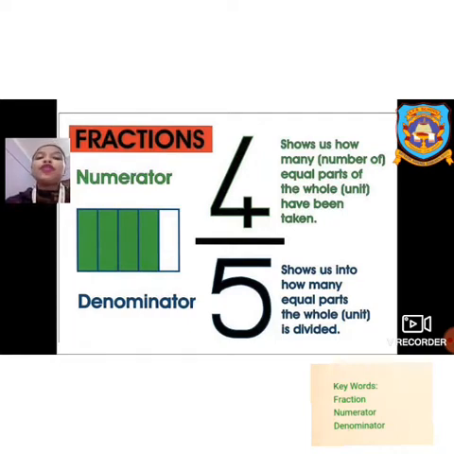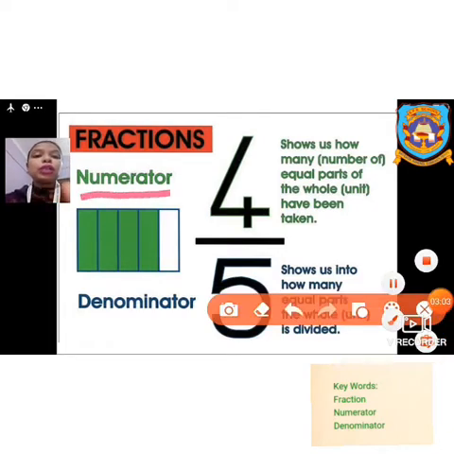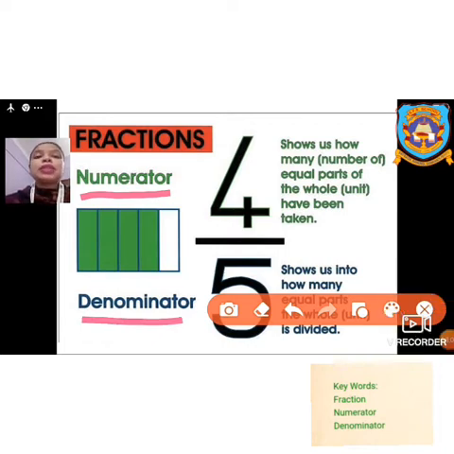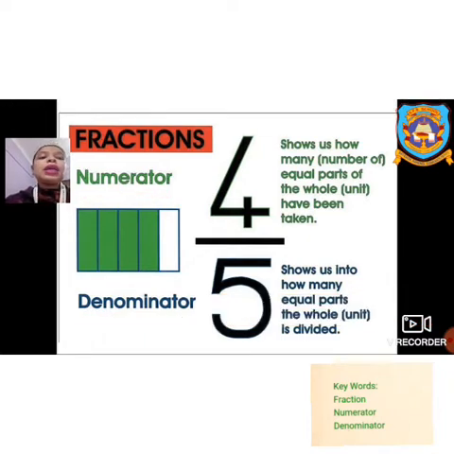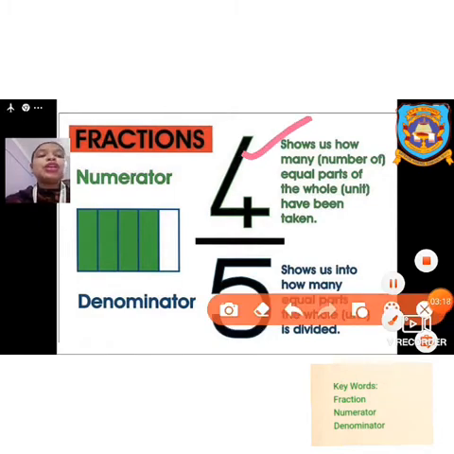Similarly here, 4 parts are shaded out of 5. This 4 is called the numerator and 5 is called the denominator. That means the above number is called the numerator and the below number is the denominator. The numerator shows us how many equal parts of the whole have been taken.